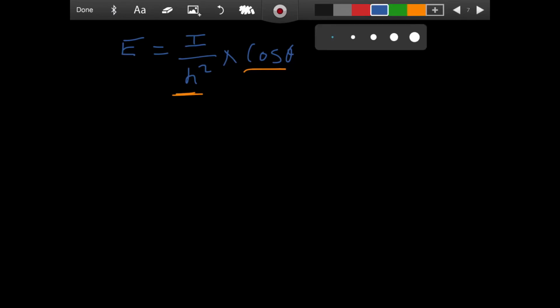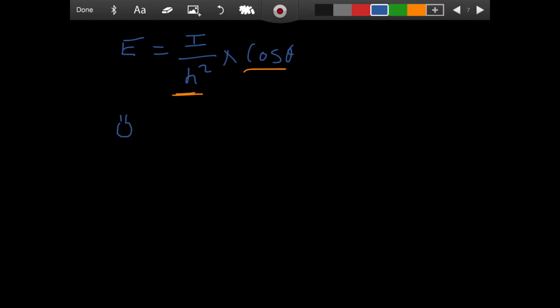So our calculation E equals I over h squared times cosine theta, and what we don't know at the moment is this part and this part. So to calculate that, we've got to put the values in.